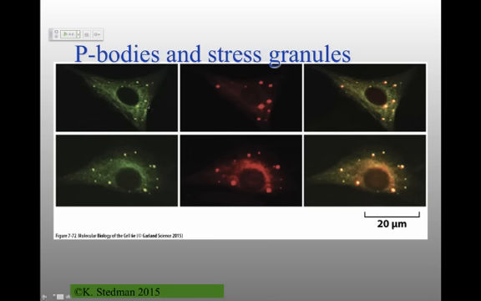Same thing is true with some of these RNAs. If you label some of the RNAs that you know are double-stranded RNAs, you find them in the same spot. These are the processing bodies where RNA is getting processed. And then when you stress a cell, you also find these same kinds of concentrations of proteins.